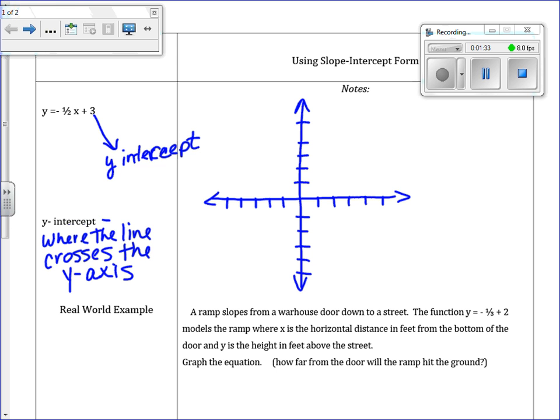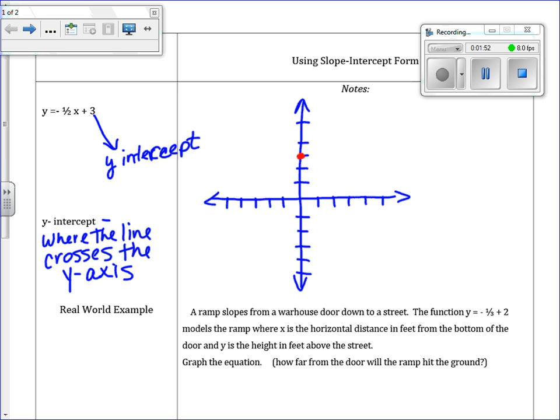Okay, so our y-intercept is where our line is going to cross my y-axis. So I automatically know that one of my points, because it's 3, it's positive 3, one of my points is right here at 0, 3.